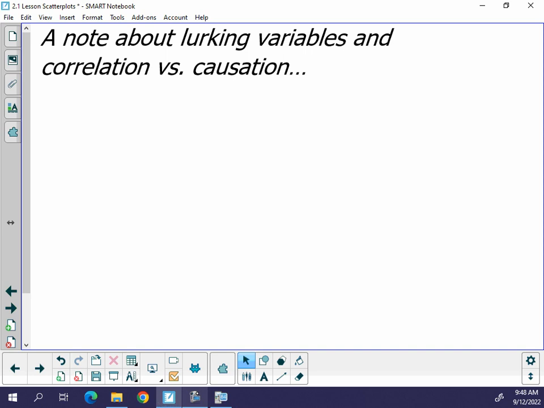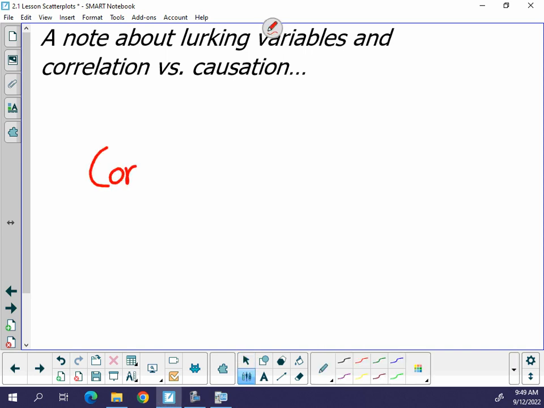There's a relationship that exists between the use of marijuana and other drugs. The correlation is pretty high. The larger the percentage of teenagers who used marijuana, the larger the percentage of teenagers who used other drugs. But what we cannot say just simply based off this data is that one causes the other. The only way to do that is through experimentation, and that's not where this data came from.